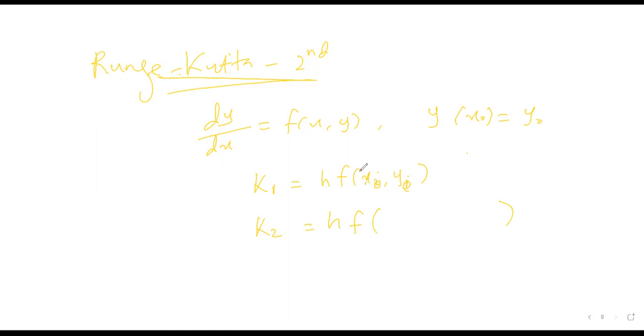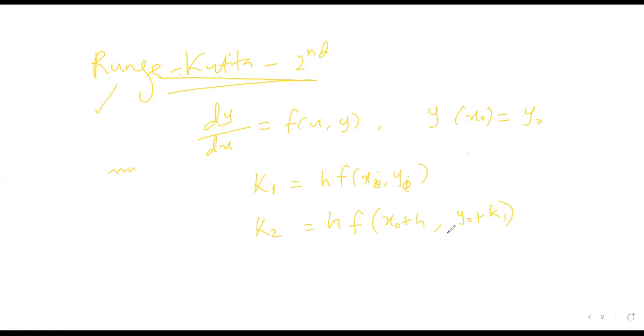So that's why it is very approximate to our exact equations. So this method is very good compared to the other method, I mean the Euler method, okay? Because it is very closely analyzing the results. So for K2, I can write x naught plus h, then y naught plus this K1.